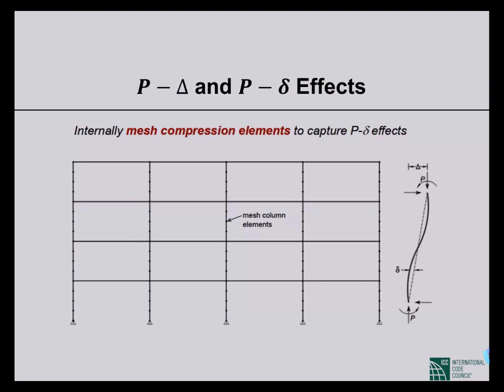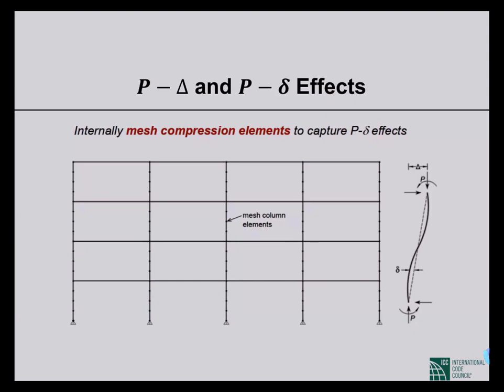That is, to get exact solutions, we don't need to mesh beam column elements. So that's why usually we don't mesh beams or columns. We mesh slabs or walls, but usually don't mesh beam columns.